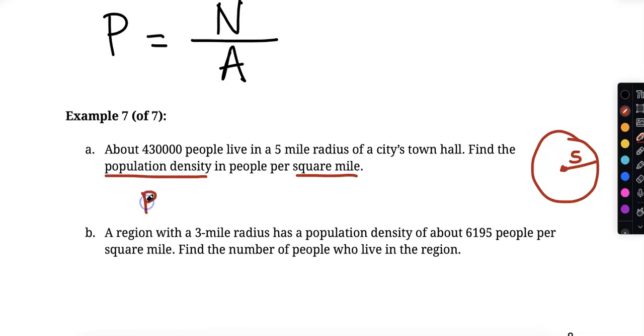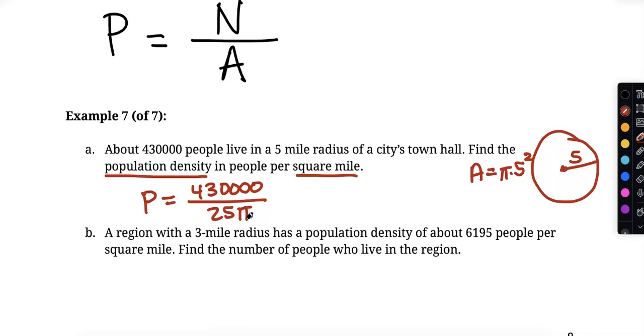So my population density P is going to equal the number of people, 430,000, living in a 5-mile radius. Well, I don't just put 5 miles there. I need to talk about square miles. So this 5-mile radius has an area of pi r squared, or 25 pi.